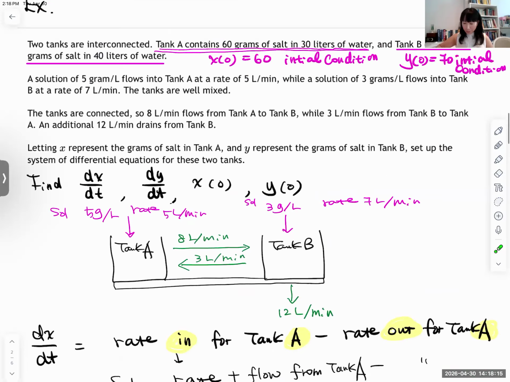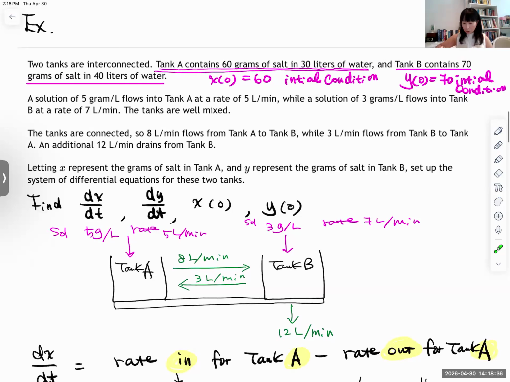Okay, so we have an initial condition earlier, right? So when t equals 0, then x of 0 equals 60, and Y, tank B, starts with 70 grams of salt. I drew tank A and tank B connected.